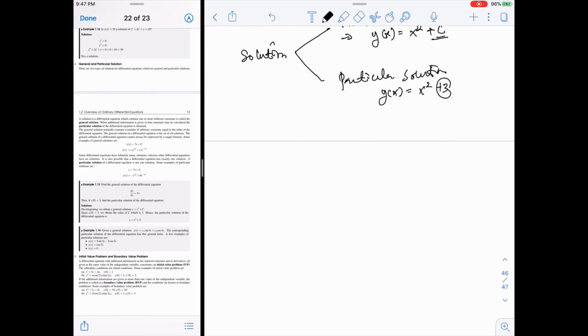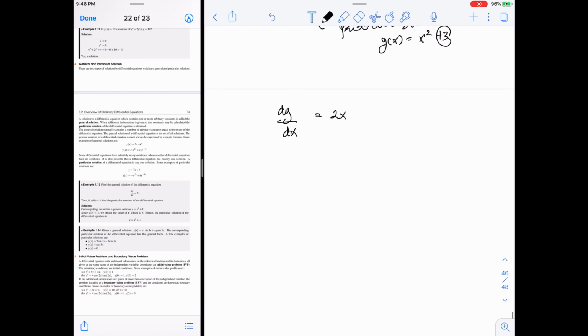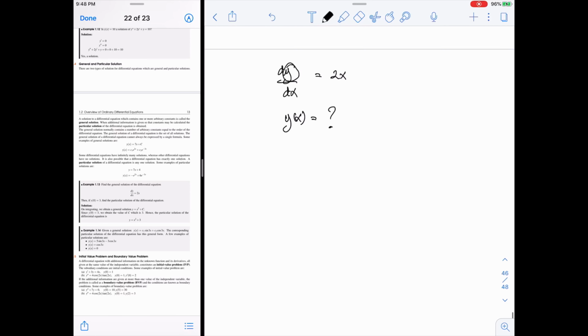Okay class, let's say you have one question, dy/dx equal to 2x. The question asks you to find the solution for this differential equation. As I said previously, if the question asks you to find the solution, what you need to do is find the equation that represents the dependent variable, so you need to find y. This time you need to have the knowledge of how to integrate.